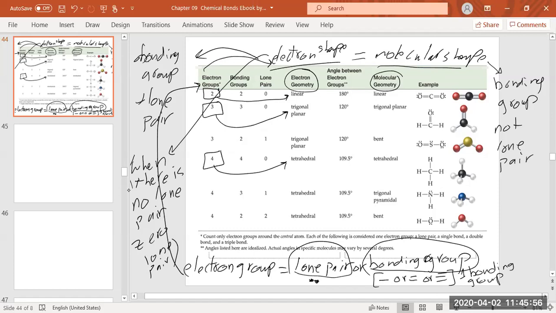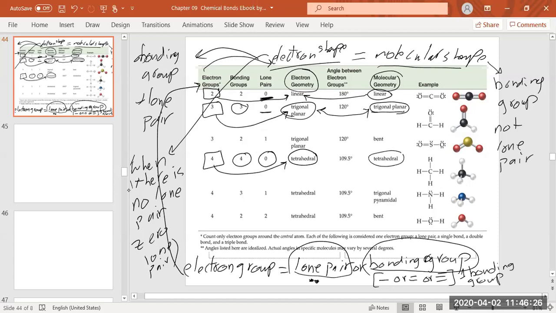So look at the molecular shape here. We have two groups, zero lone pairs: the molecular shape is the same as the electron shape, linear. We have three groups, zero lone pairs: the molecular shape will be similar to the electron shape. We have four electron groups, zero lone pairs: the molecular shape will be similar to the electron shape.